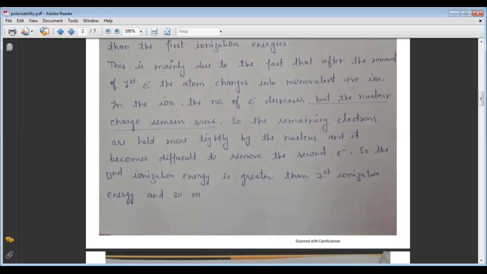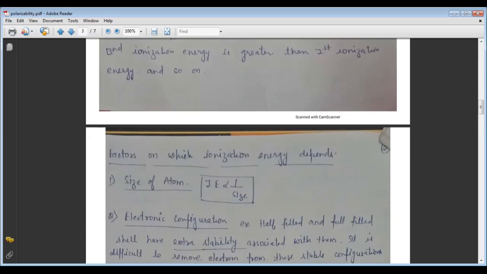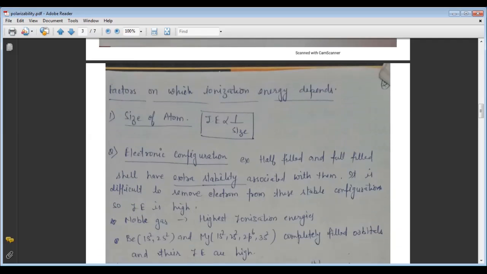So the second ionization energy is greater than the first, and the third is also of this type. The ionization energy increases.